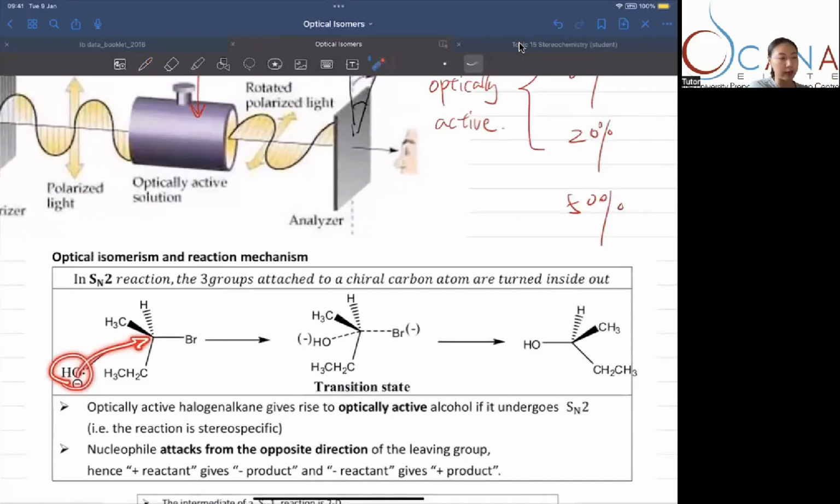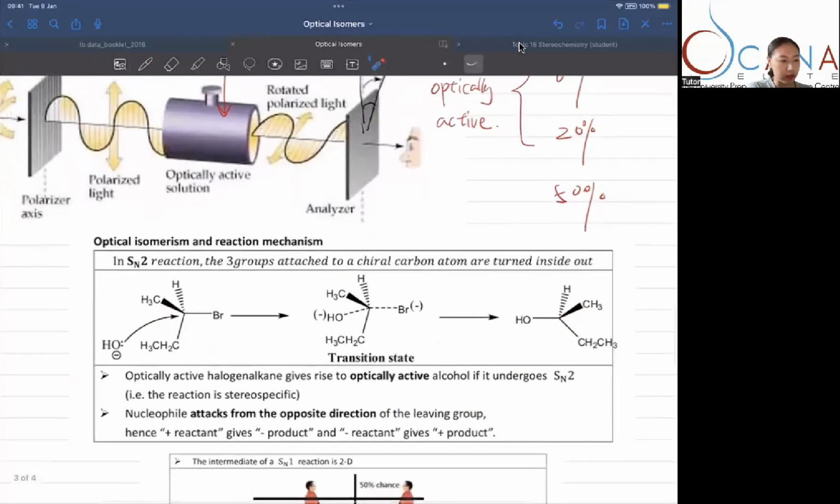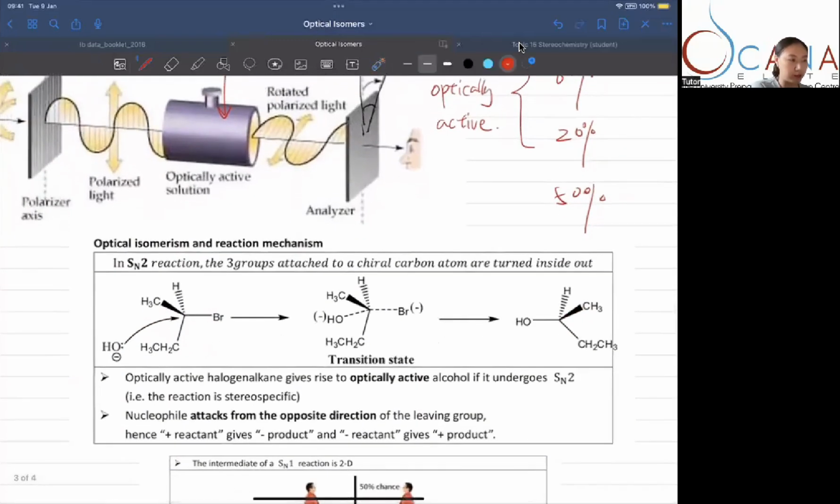It will always attack from the back because you have steric hindrance here. This is a pretty big atom. So all of your product will be inverted at the end, and you will end up with an optically active mixture that will rotate the light.